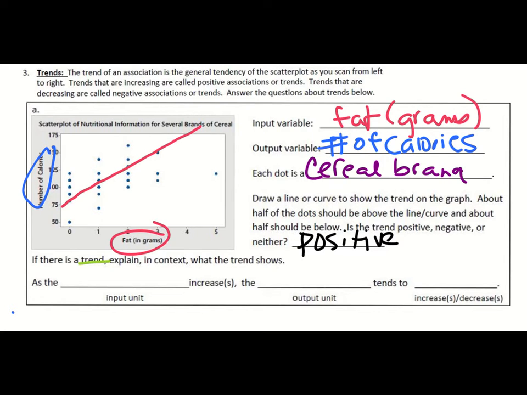So as your amount of fat increases, your number of calories tends to increase. So when I ask you for a trend, you're not just going to say my trend is positive. You need to be specific and tell me as this increases, this increases, or as this increases, this decreases. You need to be specific. It needs to be in a sentence.